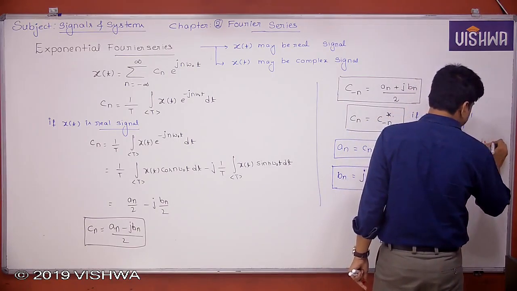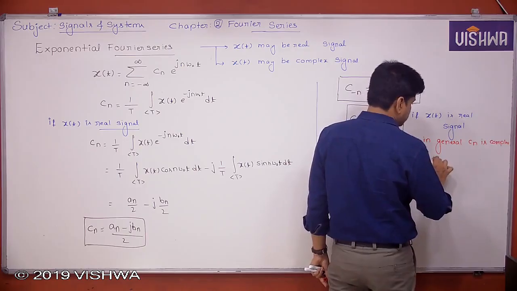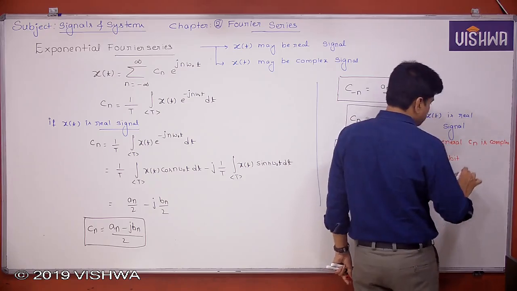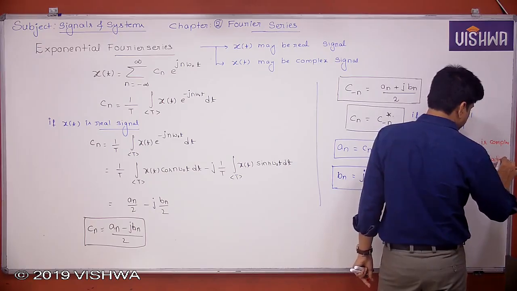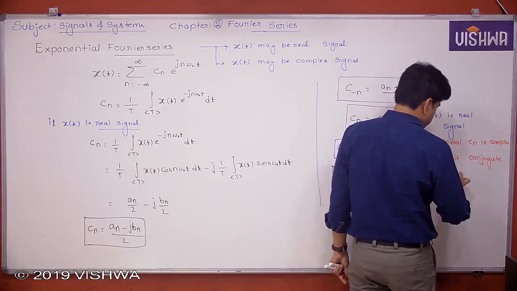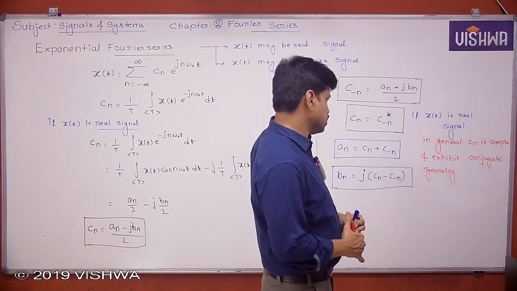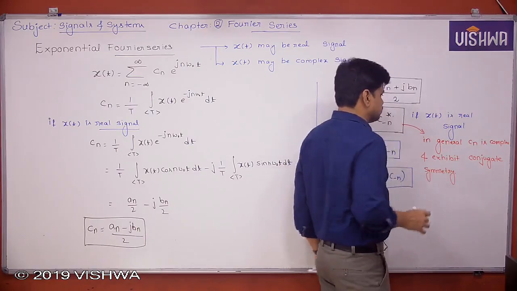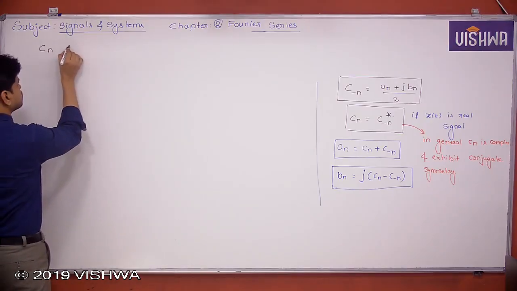In general, Cn is complex and exhibits conjugate symmetry, because Cn is equal to C minus n conjugate. So from this relation we have written the Cn spectrum.